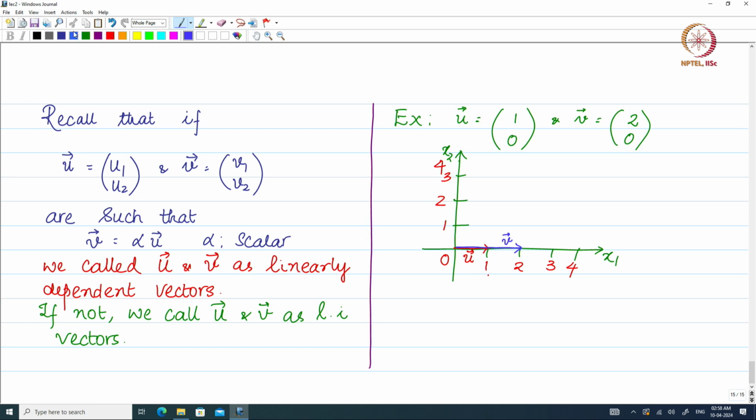Now, assume that I want a vector which is 1 2, this is the vector w that I want. So, the question is, can we express w as a linear combination of u and v?